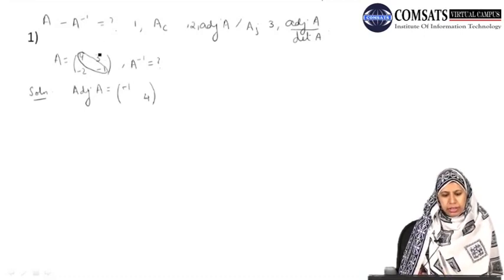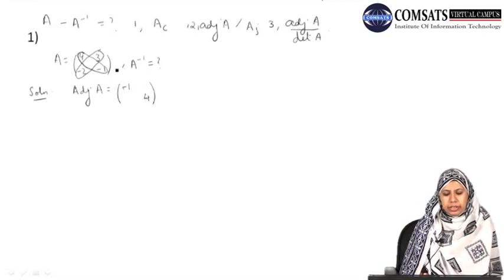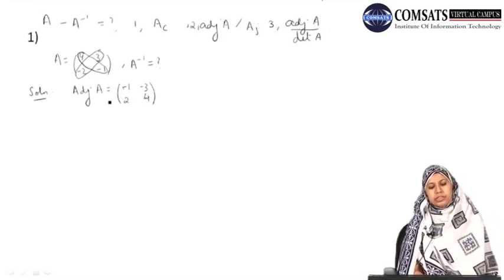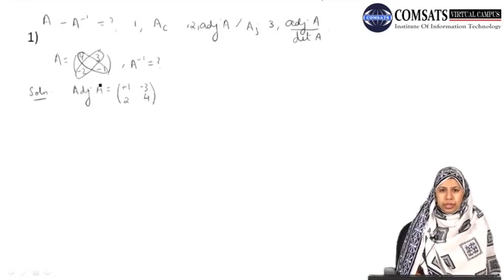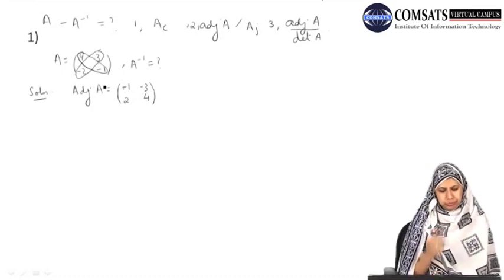For the other diagonal, we will simply multiply these entries by -1. So the entry A12 will be equal to -3, and the entry A21 will be equal to 2. So this is the adjoint of a square matrix of order 2 by 2.